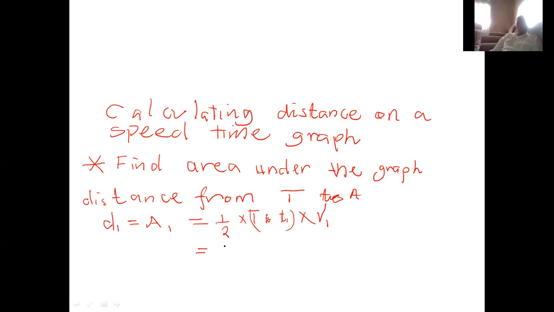In other words, we are saying it is half multiplied by the base of the triangle multiplied by the height. This gives you the distance, which is equal to the area under the curve 1. So it means that once you calculate the area of the triangle, A1, you have found the distance which has been covered from T to A.